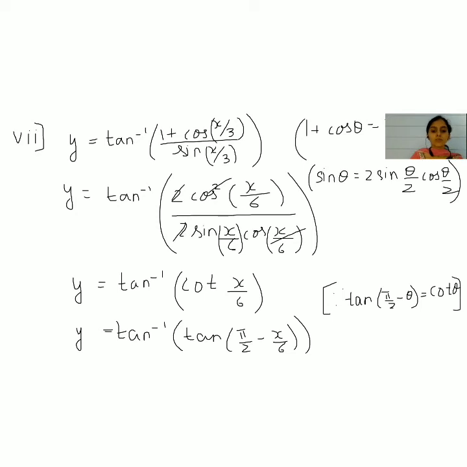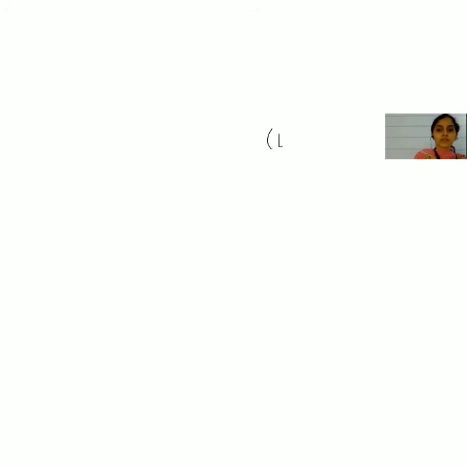So we've used the complementary angle function over here. Now y is equal to tan inverse of tan. What is tan inverse of tan? It is theta. So I'm writing the formula also in the next step: tan inverse of tan theta is equal to theta.